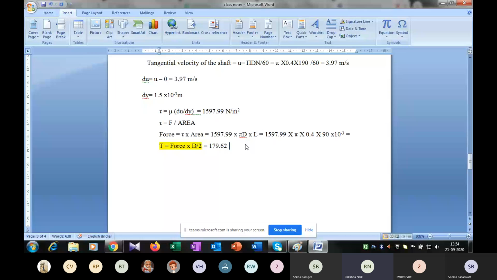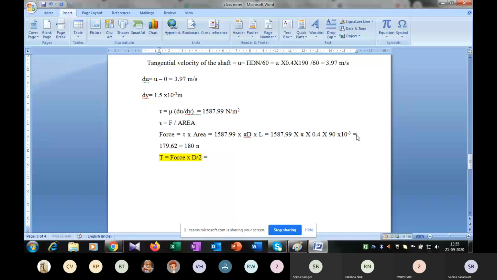Tau is equal to 1587.99. You write that. Tau, ma'am. 1587.99. Okay, then what is the value of force? Force is 179.62. So approximately it is 180 Newton.